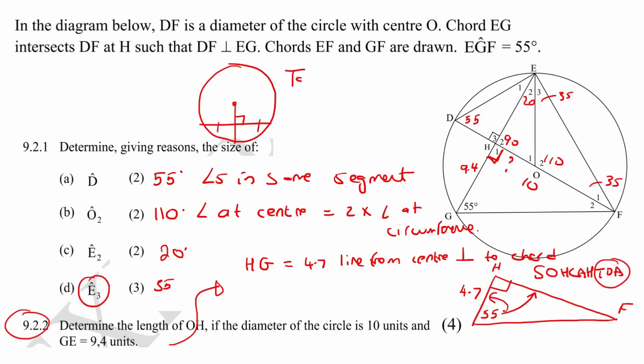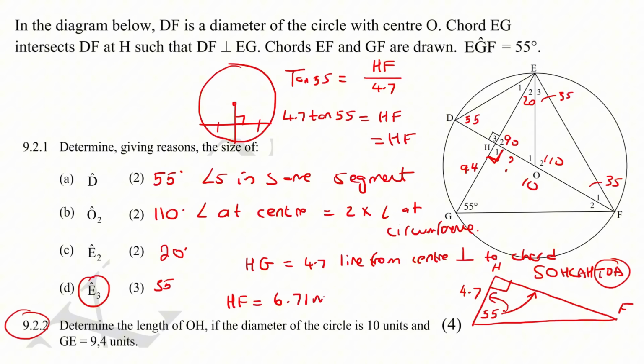We would say tan 55 equals the opposite over the adjacent. Then to get HF alone, you would just multiply the 4.7 over. And so HF is 6.71 units.